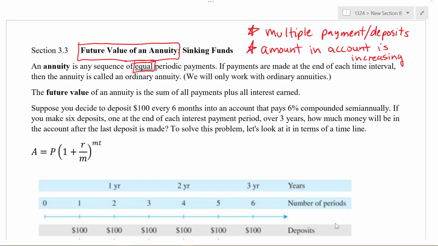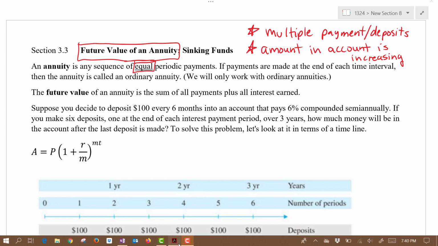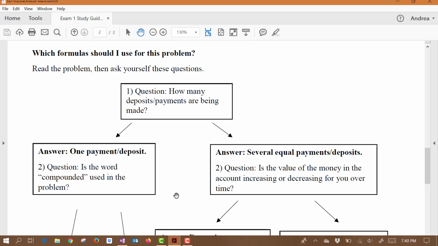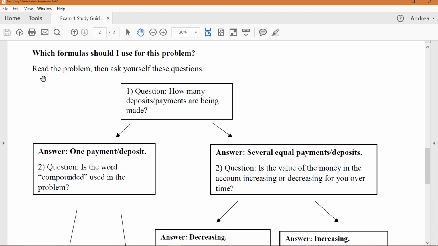I frequently get asked, which formula should I use for this problem? So in your Exam 1 study guide that's posted in D2L, I have included a little chart. What formula should I use for this problem? You want to read through the problem and ask yourself these questions. Question number 1 is how many deposits or payments are being made?